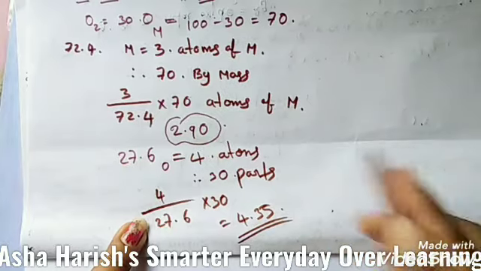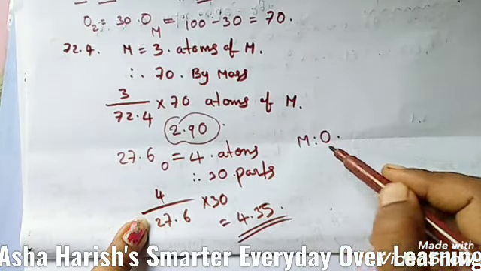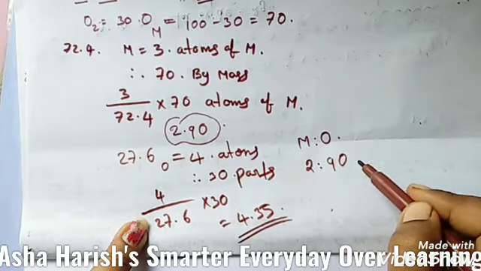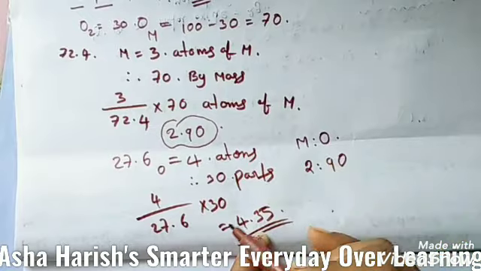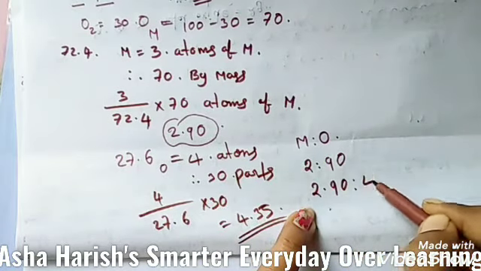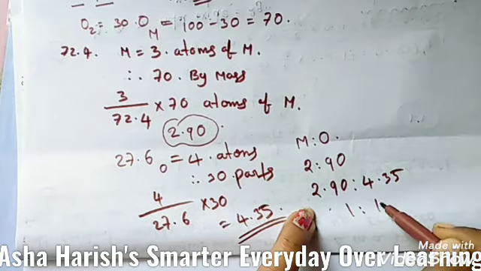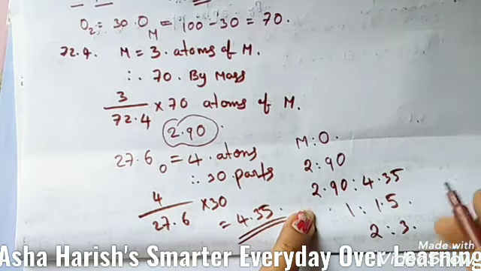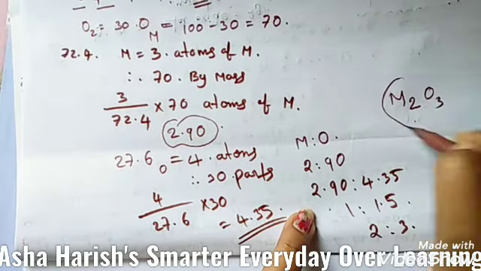Hence the ratio of metal and oxygen, M:O, in the second oxide is, sorry, that should be what we have got here, 2.90 is to 4.35, that is only 1:1.5, or 2:3. Formula of the metal oxide is M2O3.